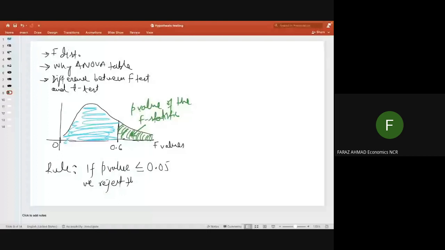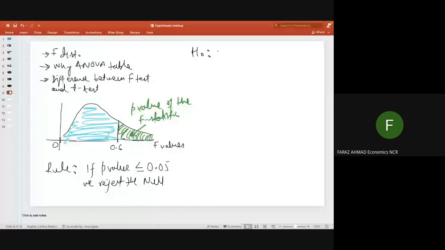So up to this point, everything is the same as what we are doing with the t distribution or t statistic, conceptually. Now, the null hypothesis in the case of an F distribution is all slopes are 0, right?